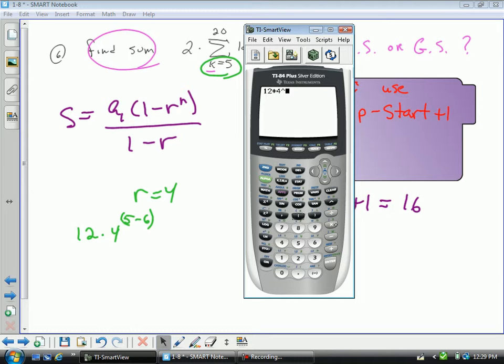Now, if you decide to write 5 minus 6 as opposed to negative 1, fine. But please make sure you put it in parentheses. Okay, so our first term is 3.